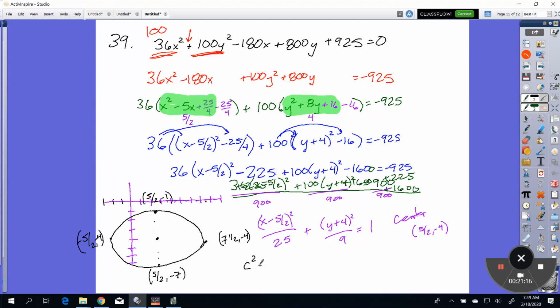Then we have c squared equals a squared minus b squared. So 25 minus 9 is 16. So c equals 4. So I'd go 4. So that's going to be 6.5, negative 4, and then 1.5, negative 4.